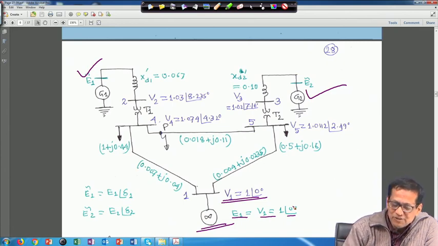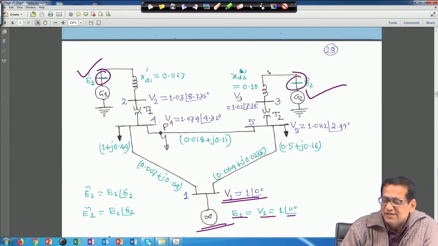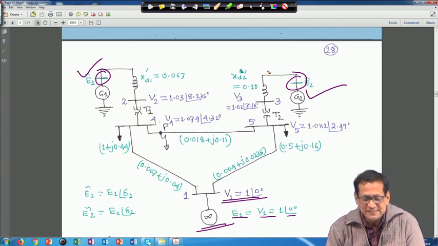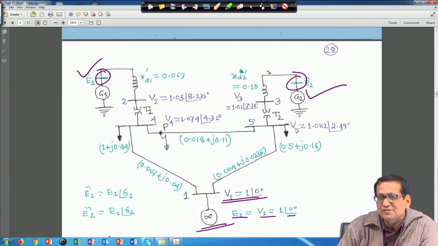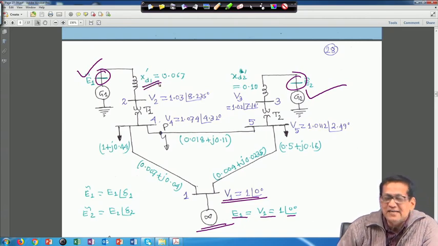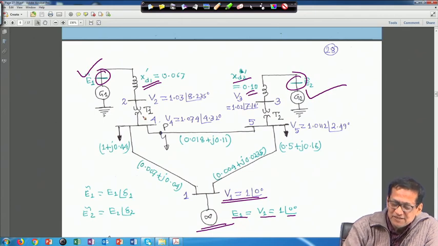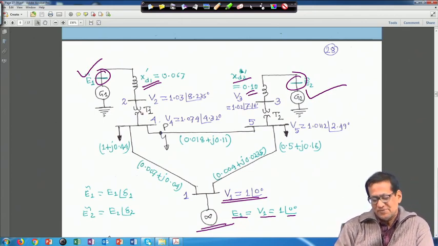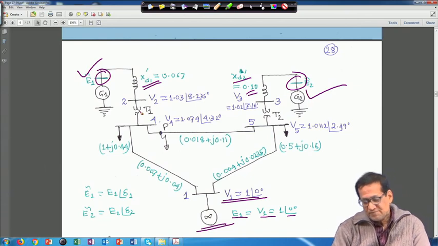Now, the loads are given, and in this case this one and this one are not considered as a bus number. I think it is not required, because in the previous example there were no transformers, but here transient reactances x d 1 dash and x d 2 dash are there, and here we also put one transformer, and transformer reactances will be there, right.